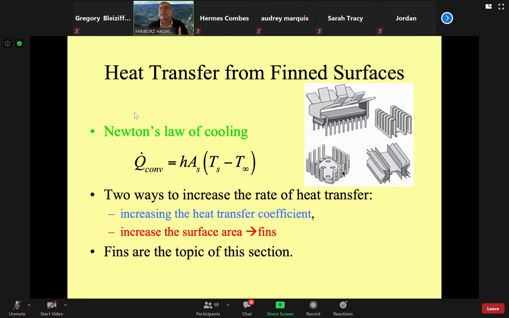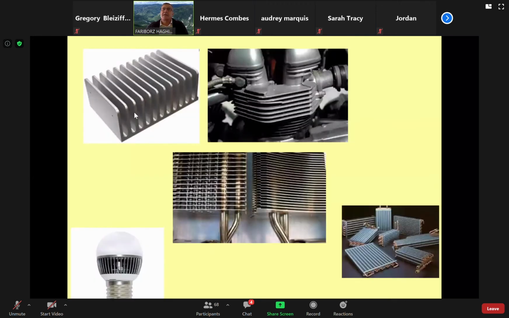Again, therefore, we sometimes need to increase the heat loss, okay? It's not only about reducing it, but sometimes we do talk about increasing it. As I mentioned, increasing h is not possible because you have to increase the size of the pump or the compressor. Again, the space, you have a limited space in your mechanical room, in your car, and so on.